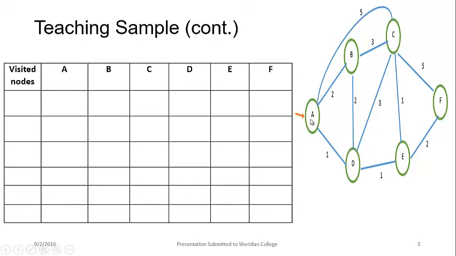Say for example we have node A. Starting at A, it goes to B with distance 2, and from B it goes to D with distance 2, and from A goes to D with distance 1, and D to E with distance 1, and E to F with distance 2, and so on and so forth. So we are trying to find out the visiting node, the shortest path.